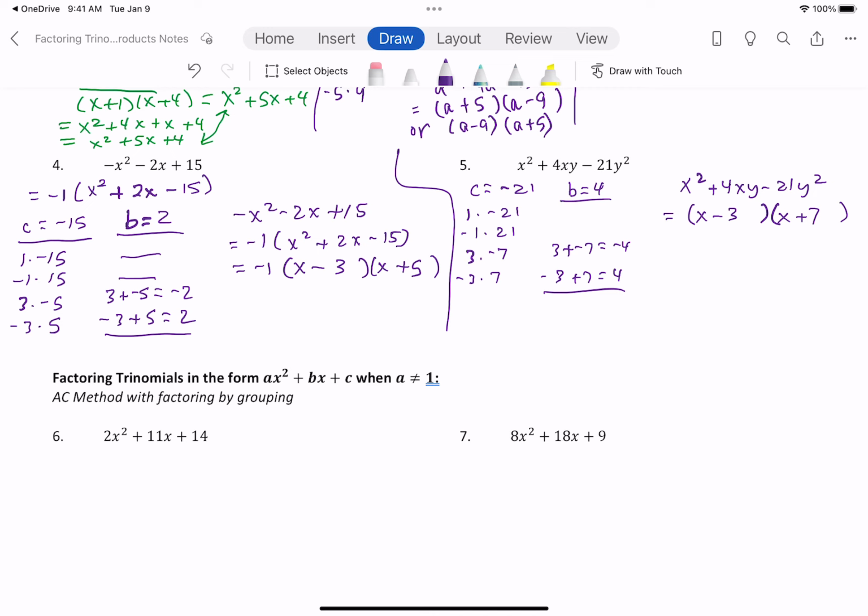But unlike the previous problems, if I multiply those two binomials back out, they're not going to have the y variable. So we can't just have -3 and +7. We have to have -3y and +7y. Now that is my complete factorization.